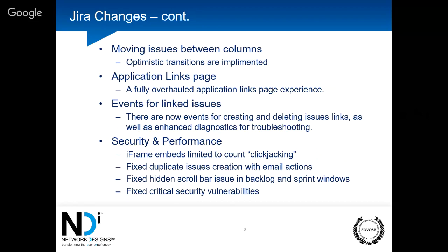All of that is incorporated into the application link. And having made a complete overhaul of it is a good thing. It was complicated before. It's still a little complicated, but they really made it a lot easier and gave you, again, a lot of diagnostic tools.